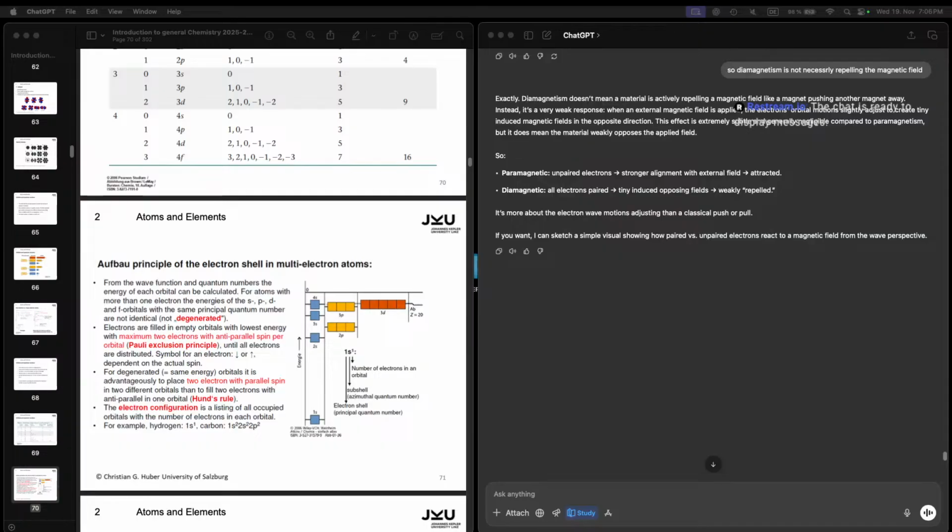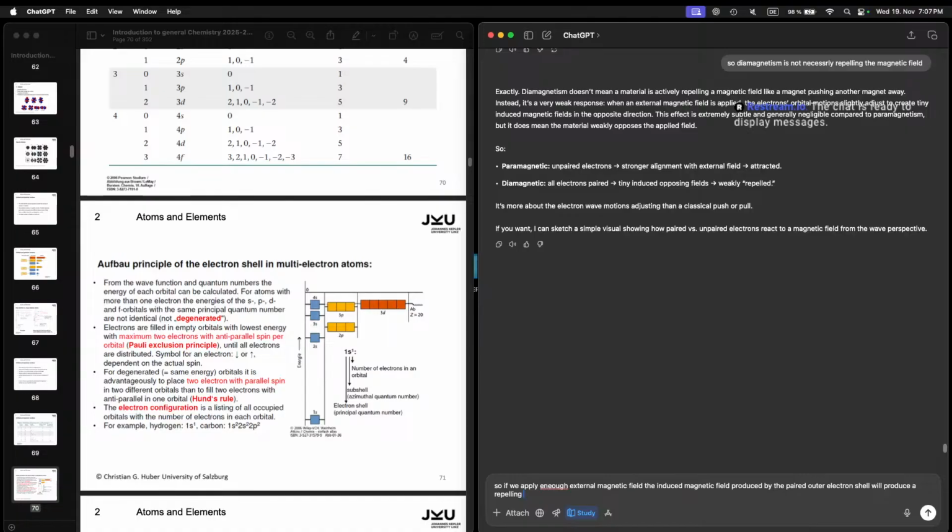But wait. So if we apply enough external magnetic field, the induced magnetic field produced by the paired outer electron shell will produce a repelling effect.